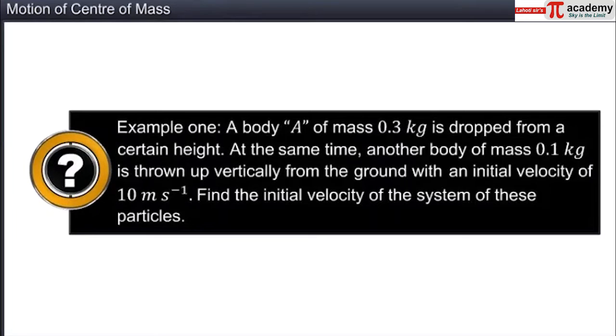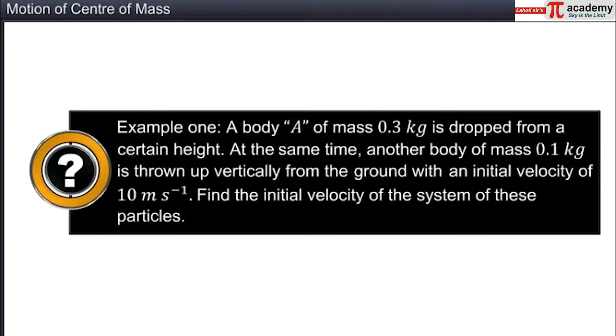Let us discuss with an example. Consider a body A of mass 0.3 kg is dropped from a certain height. At the same time, another body of mass 0.1 kg is thrown up vertically from the ground with an initial velocity of 10 meters per second.